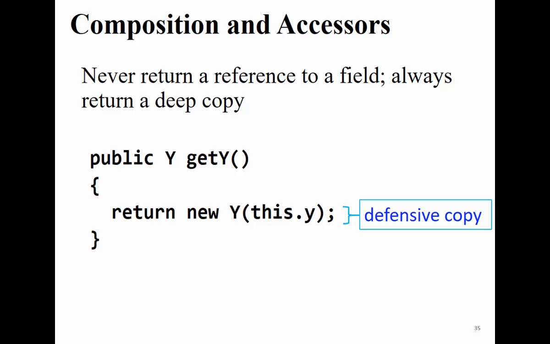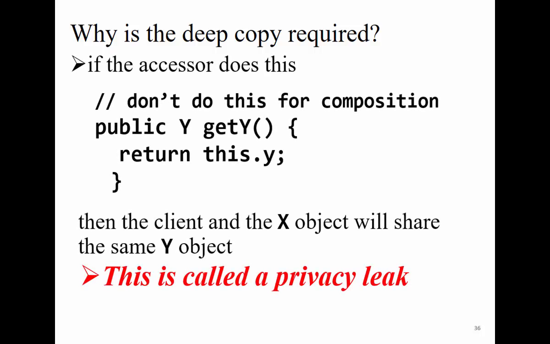The client will not have access to y inside x, and will not be allowed to modify it. So in the case of copy, we need to do a copy. Returning this.y may be suitable for aggregation, but it is not suitable for composition. This is a privacy leak. If we return this.y, the client will have access to the y object inside x.